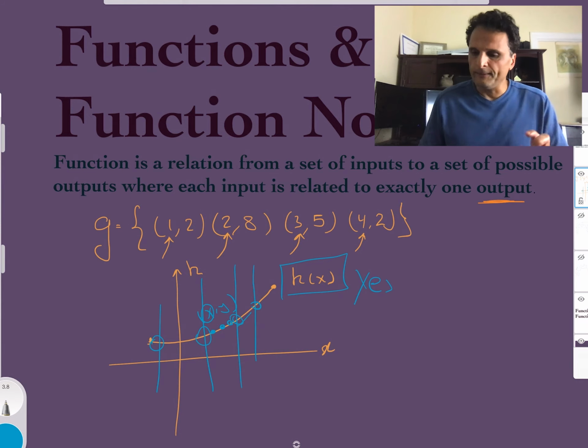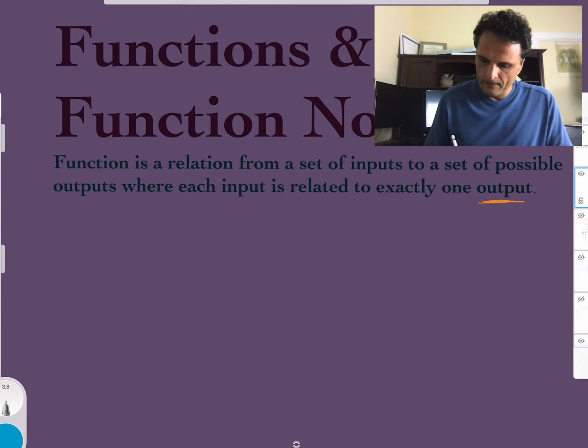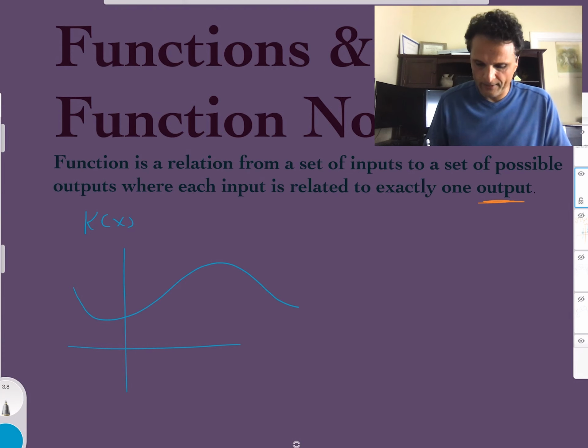So let's have a question for you guys, or quiz. K of x is a graph like that. This is x, and this is k of x. X is independent, so it looks like x and k of x.